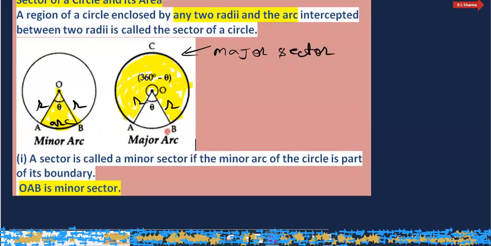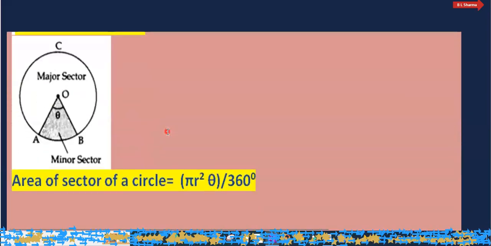And now how to find out the area of this? Using the same rule, we can say, see here, if we have a complete circle, I am drawing here a complete circle, and this is the radius.